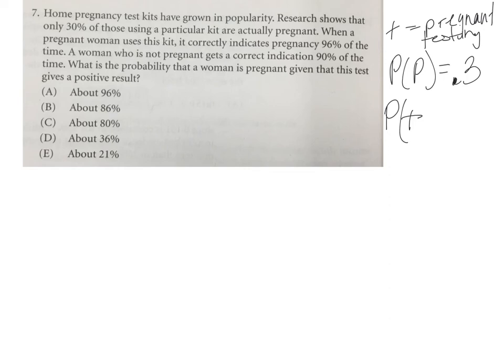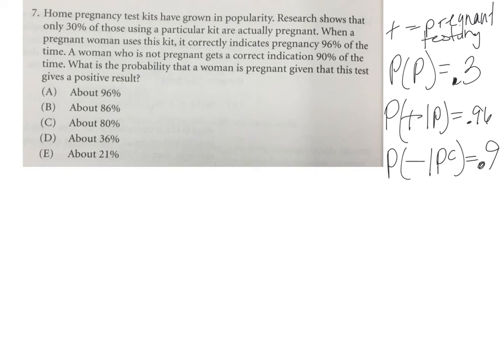So you get a positive given you are pregnant 0.96 of the time. And then a woman who is not pregnant gets a correct indication. So it says they're not pregnant, given they are not pregnant, 0.9 of the time. So here I'm given a probability and then 2 other probabilities that are conditional.